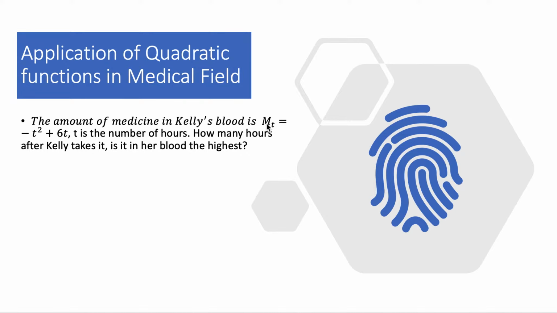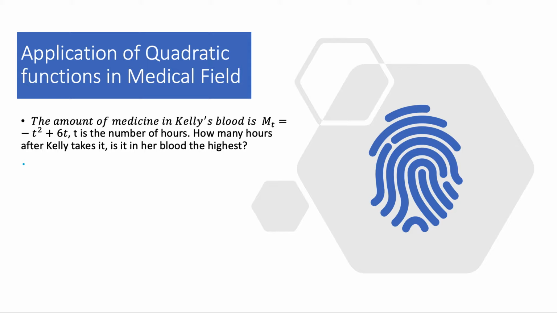To solve this problem, first of all, we are going to use the vertex of the parabola, because this function is a quadratic function, and the function has a graph that is a parabola. It can have a minimum or a maximum at the vertex, but in this case they are looking for the maximum.